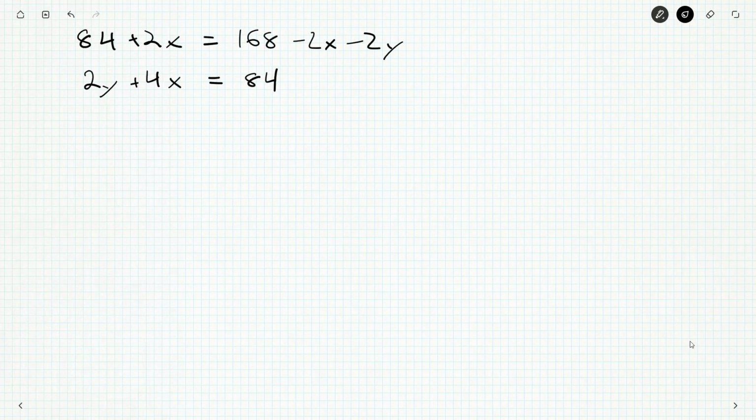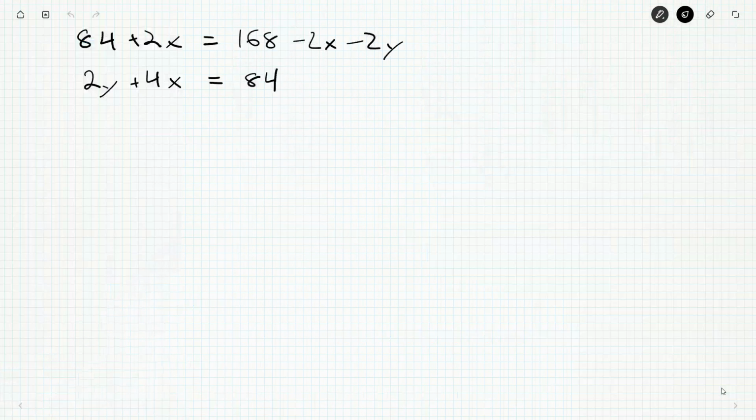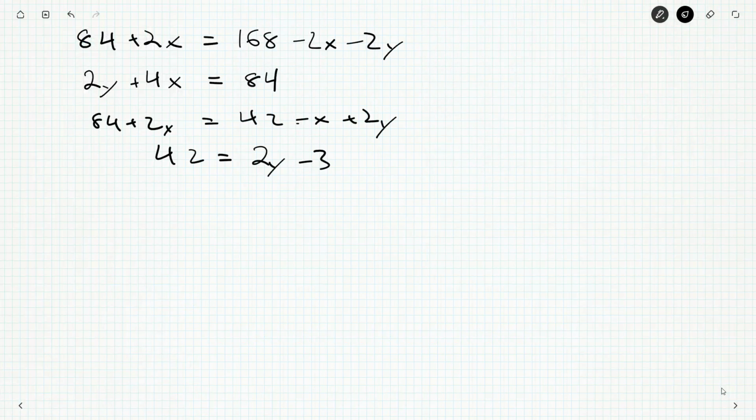And now we can use one of our other equations. We'll use the first and the last being equal. So 84 plus 2x is 42 minus x plus 2y. We'll bring everything over to the other side. So 42 is 2y minus 3x.